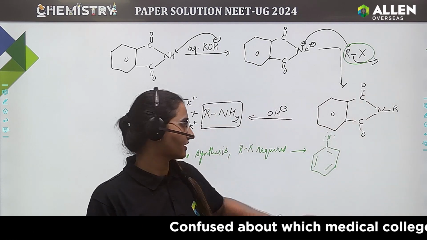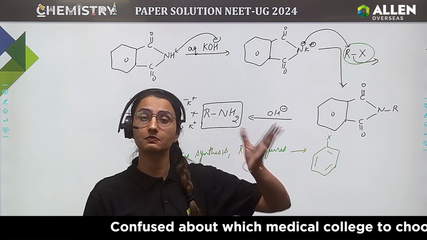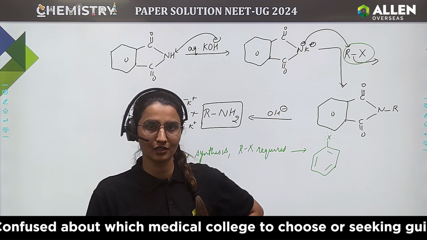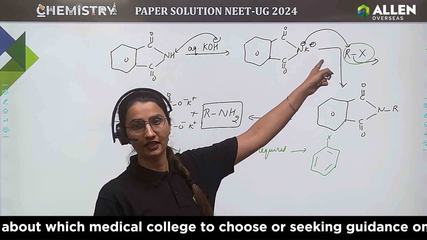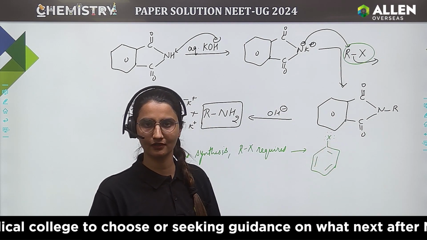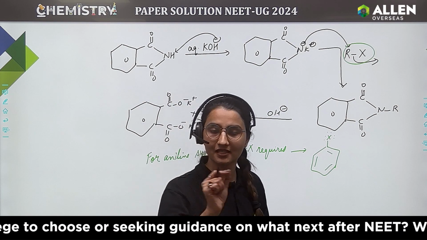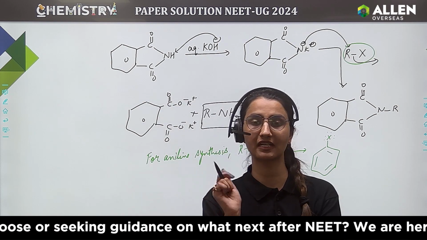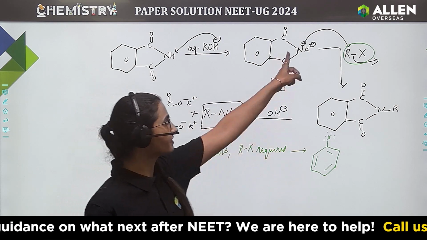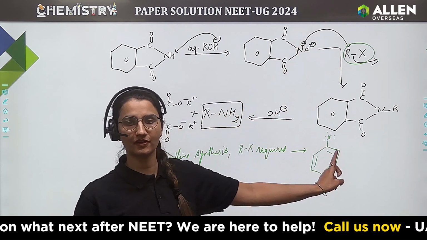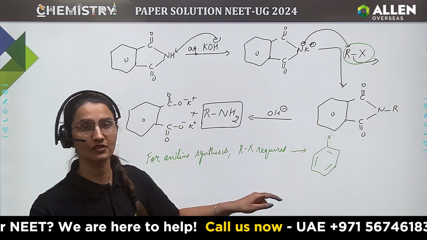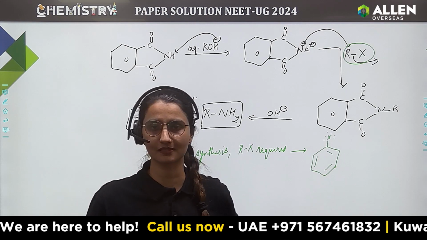But due to resonance, this C-X bond acquires partial double bond character. This does not break. So the anion formed cannot attack here to form aniline in the last step. This line is clearly written in NCERT in the grade 12 amines chapter: because of this double bond character, the anion cannot act as a nucleophile, and hence aniline cannot be formed using Gabriel phthalimide synthesis.